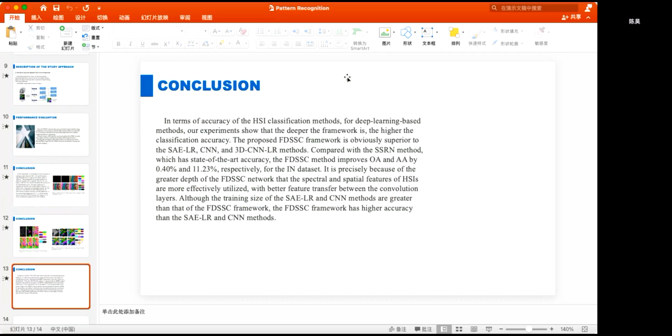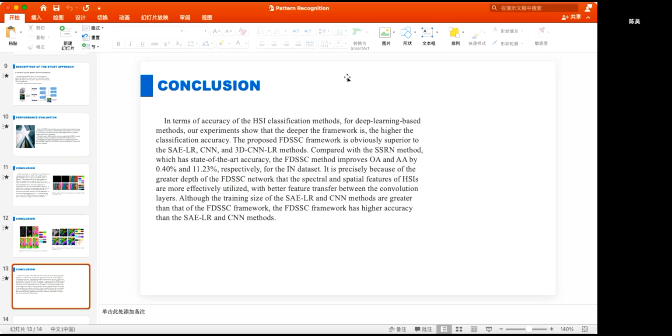So in terms of accuracy of HSI classification methods, for deep learning based methods, our experiments show that the deeper the framework is, the higher the classification accuracy. The proposed FDSSC framework is obviously superior to the SAE-LR, CNN, and SDCNLR methods.